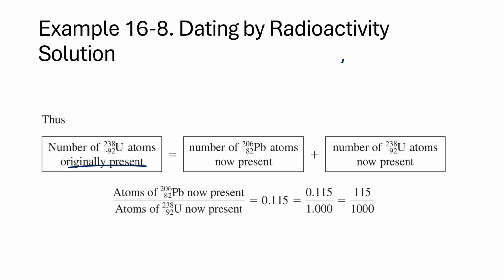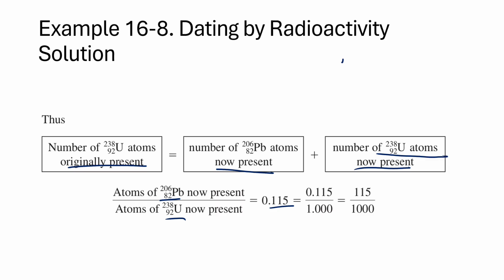So the originally present number of uranium-238 atoms is equal to the number of lead-206 plus the number of uranium-238, because not all of the uranium-238 decays into lead-206. So the ratio should be 0.115 because that was given earlier.